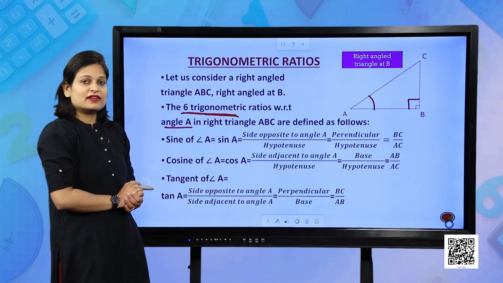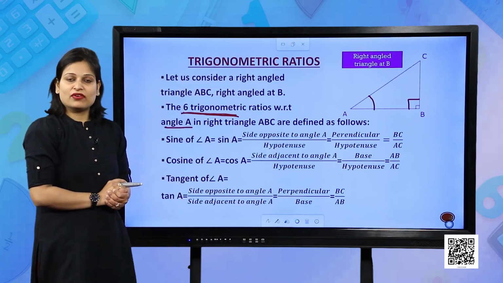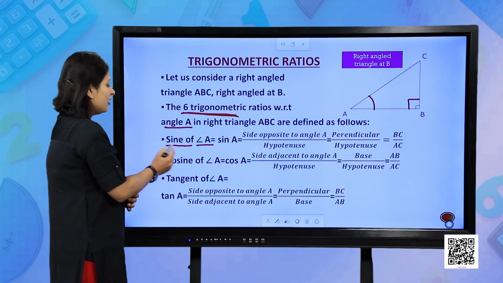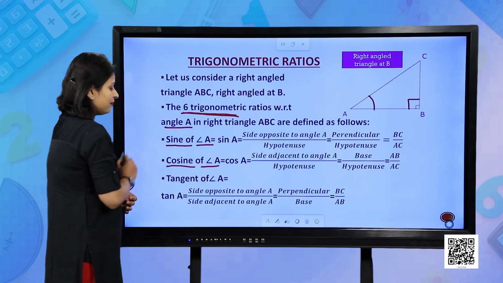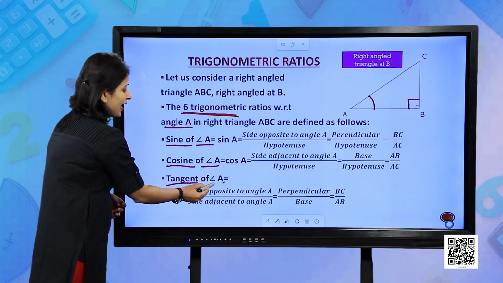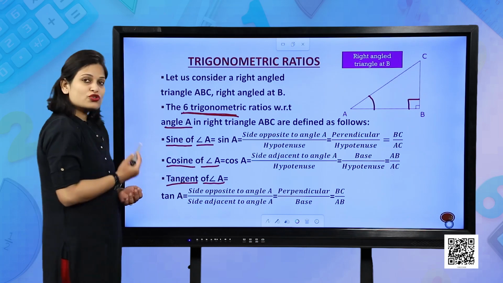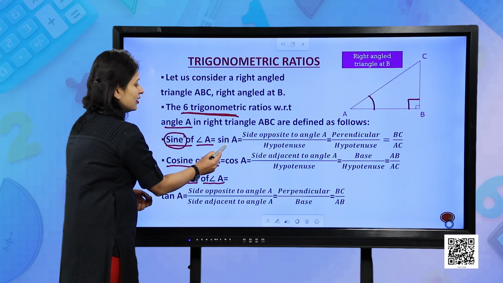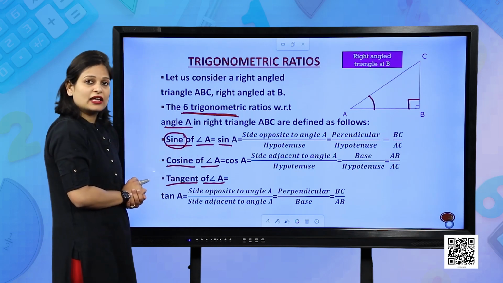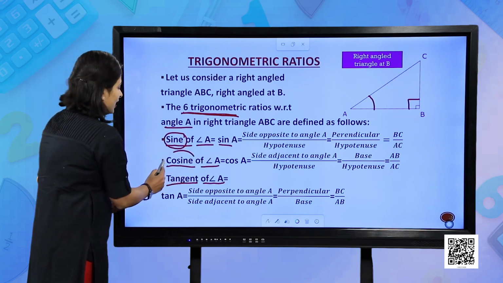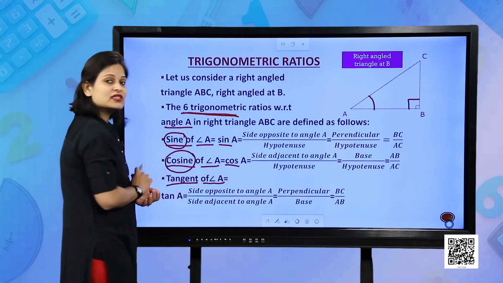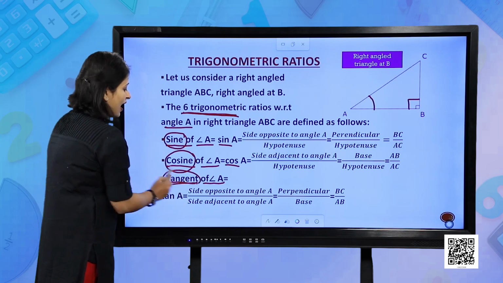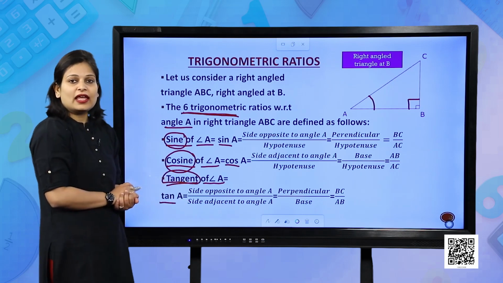So, first of all, let us discuss the first 3 trigonometric ratios, which are sine of angle A, cosine of angle A, and tangent of angle A. In short, we usually write sine as sin, S-I-N, and cosine as cos, C-O-S, and tangent as tan, T-A-N.